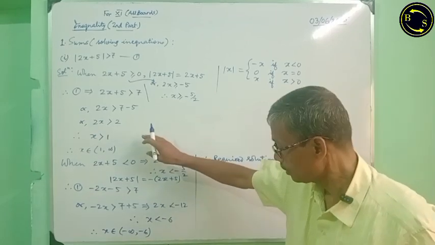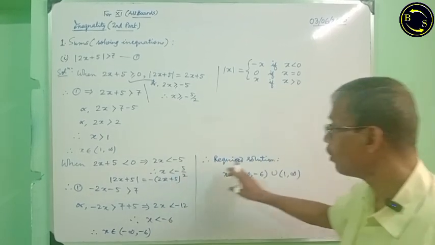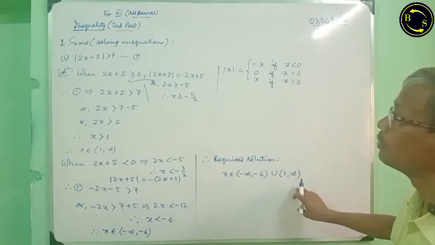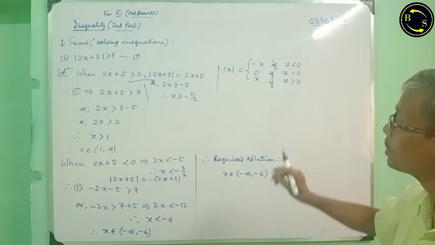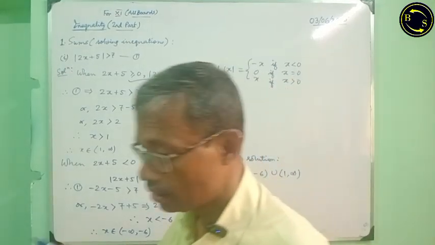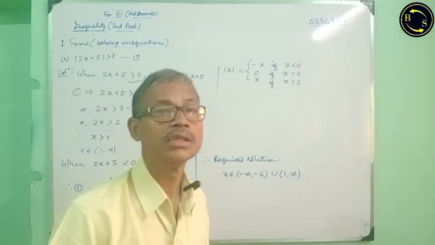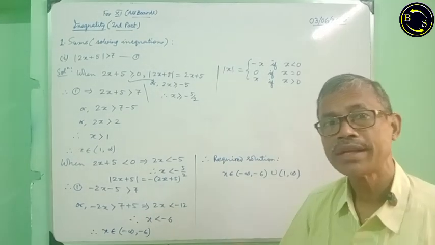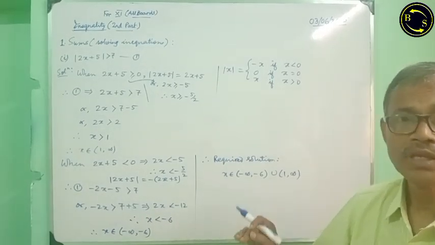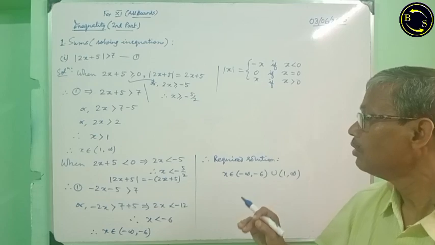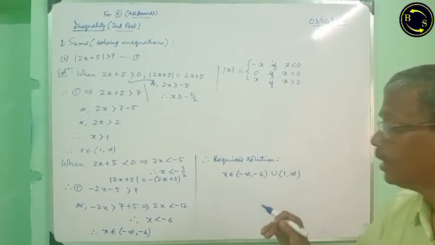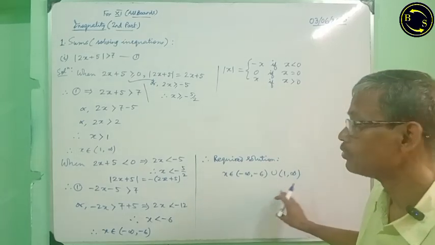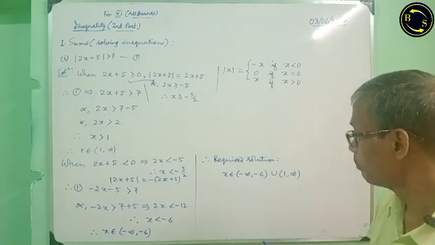Then after getting these intervals, you combine these two and write required solution, this one. Since inequation, one thing I am to mention, since in inequation generally you won't get particular values of the variable, the values of x will be intervals. You may give your answers in this interval form also in inequality form.